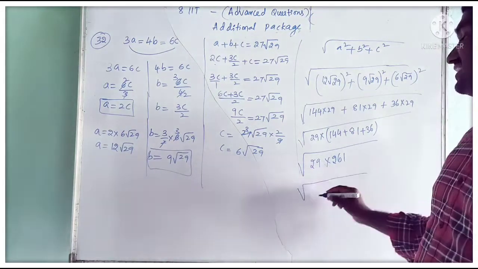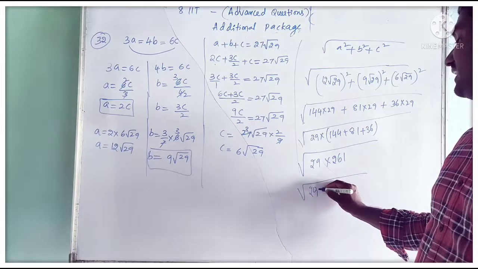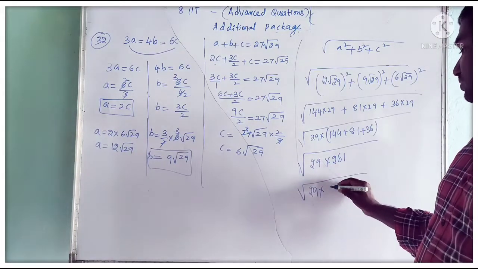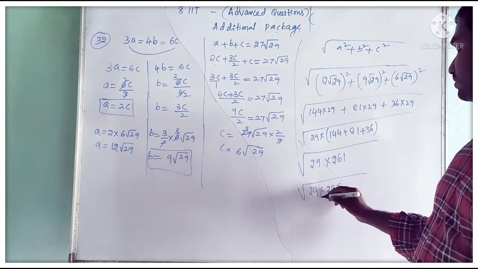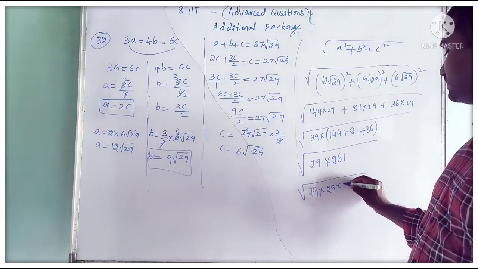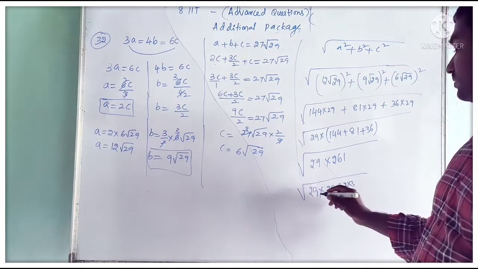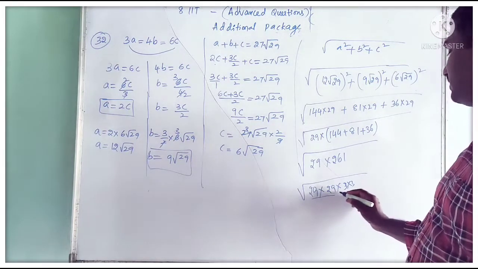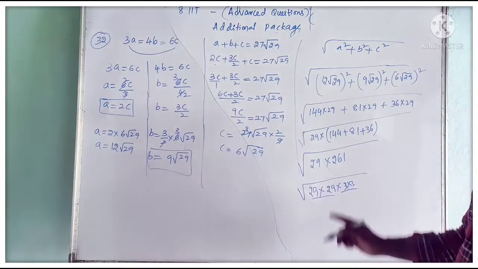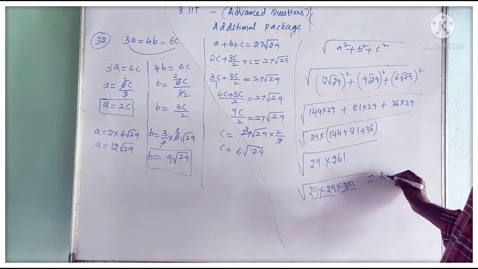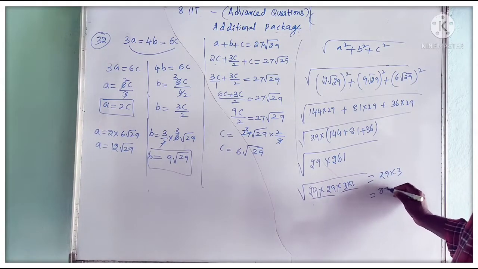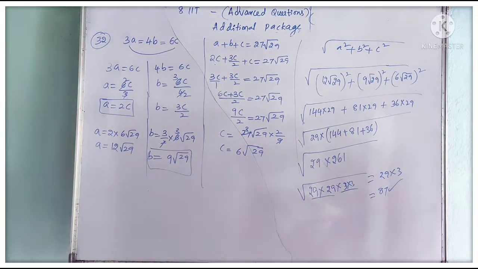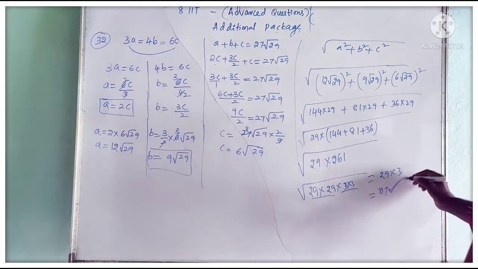So 29 into 261. This 261 I am writing as 29 into 9. With prime factorization, 29 into 29 into 3 into 3. In the square root, from every two equal numbers we take one. So it becomes 29 into 3, which is 87. 87 is the required number.